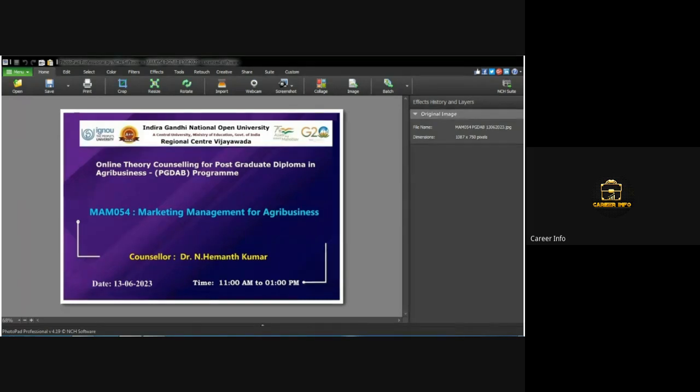See, under macro environment, normally there are 7 major forces. In the micro environment, there are 6 forces. Now, in the macro environment, there are 7 major forces in the firm's macro environment. So, the first one is demographic environment.